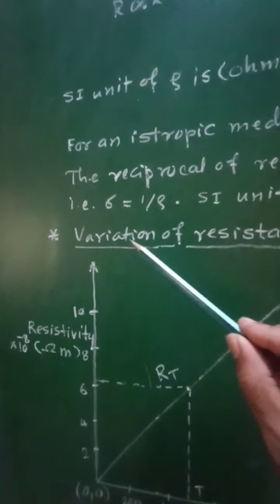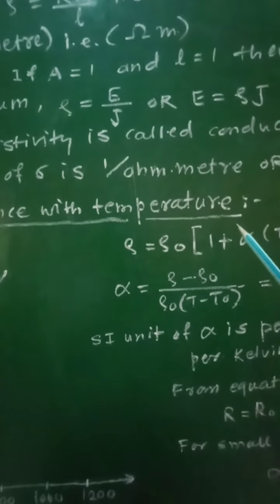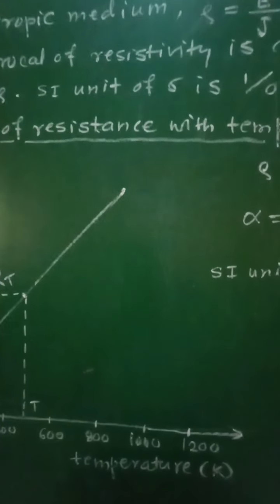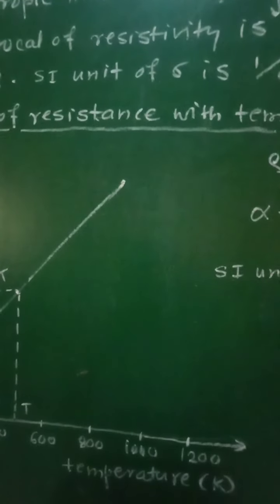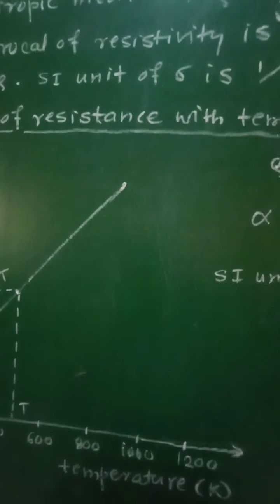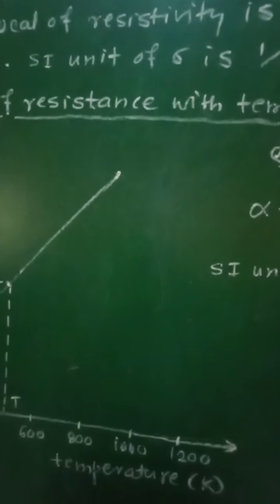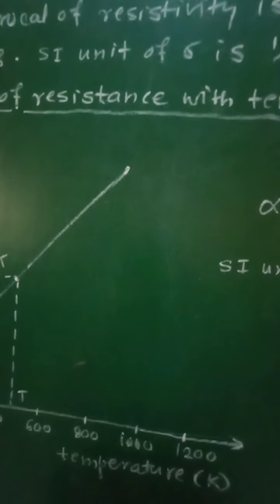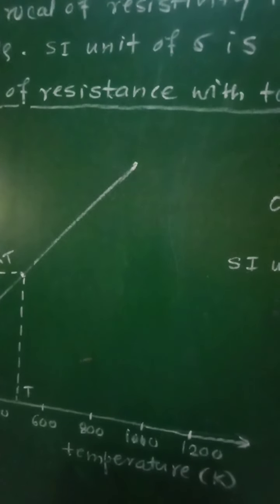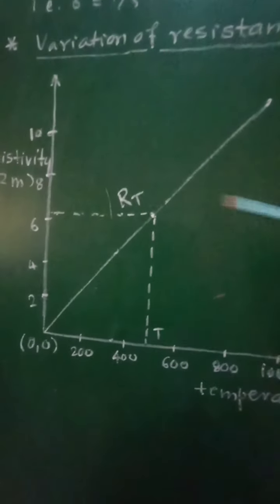Now let us see the next point, that is variation of resistance with temperature. The resistivity or the specific resistance of the material of any conductor varies with temperature, and the variation of resistivity as a function of temperature is linear over a certain range of temperatures, as shown here.